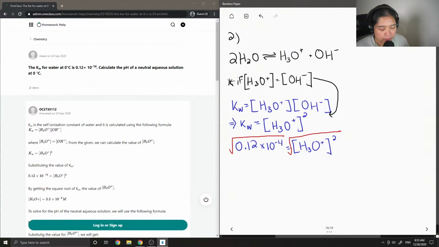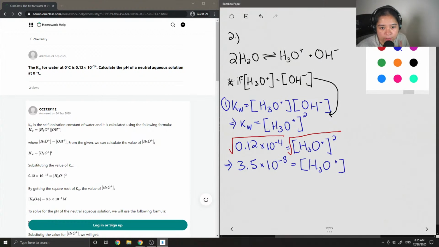You should end up getting 3.5 times 10 to the negative 8 is equal to the concentration of H3O plus. Okay, so this is step 1 of answering this question.